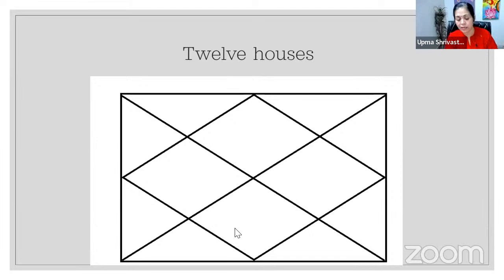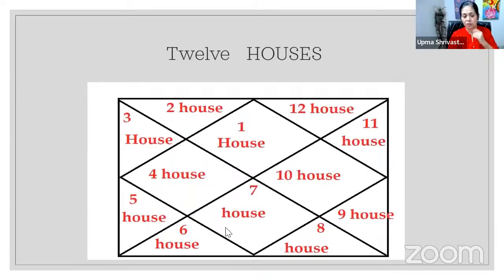It depends from which sign it is starting. Let's say if it is 5, then 6, 7, this way it will keep going on. So always remember this first middle house will always be known as the first house.